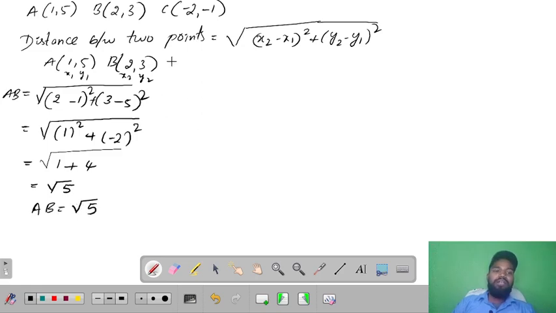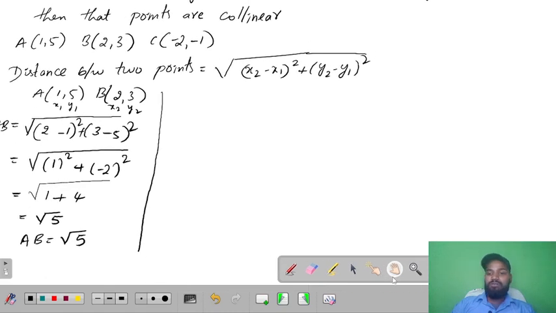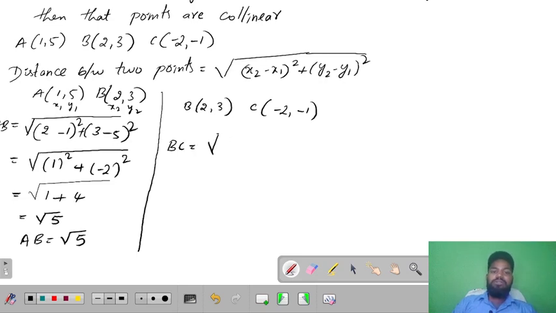Okay, moving to the next one. So that is BC we should find, right? Okay, we should find BC now. So what is B? Nothing but the B point (2, 3) and C point (-2, -1). Now see, BC equals under root (x2 minus x1). So what is x2 here?